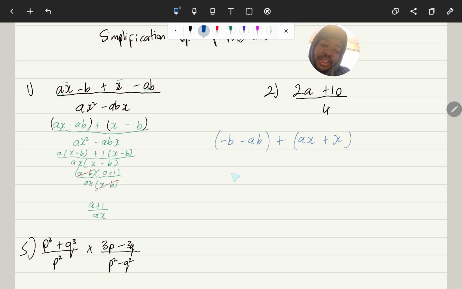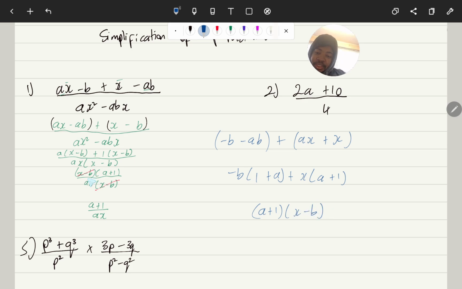Therefore, common factor here is minus B, so I have minus B into 1 plus A. Then here my highest common factor is X, then I have A plus 1, this should have been 1. Highest common factor is A plus 1, and then I'm left with X minus B.